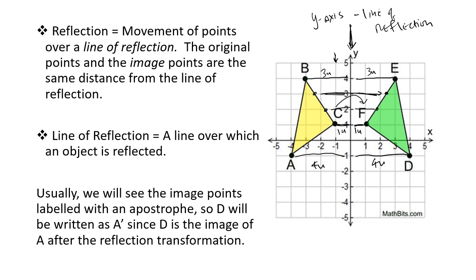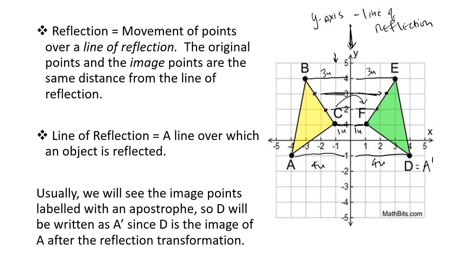Now, a lot of the times in the book, the image is written with an apostrophe. And so to keep it consistent, we could think about this as D, or we could think of this as A apostrophe or A prime, depending on the person talking.